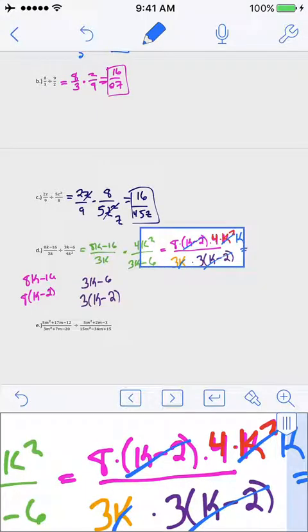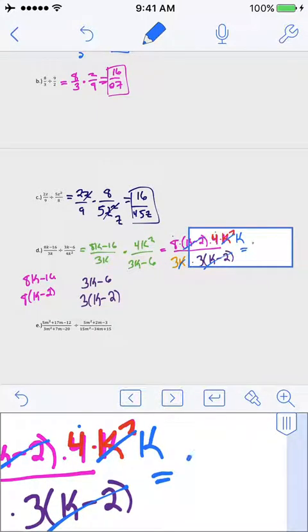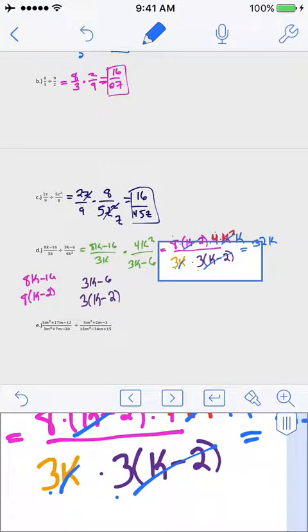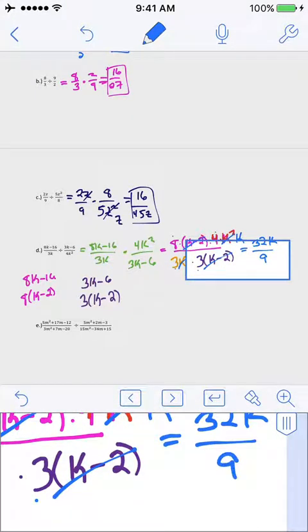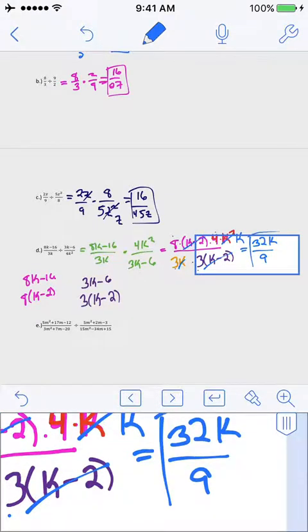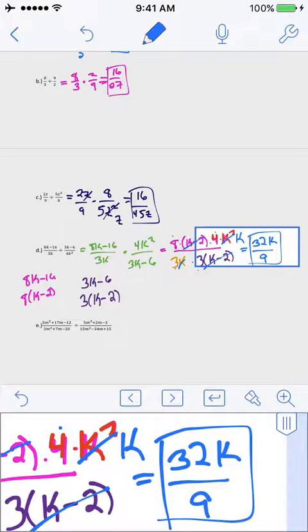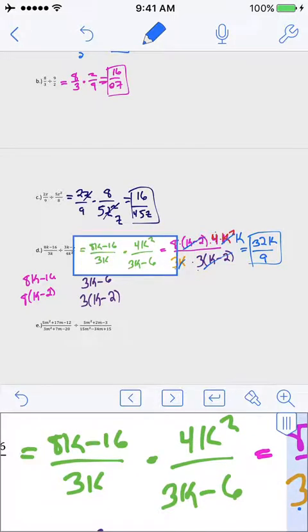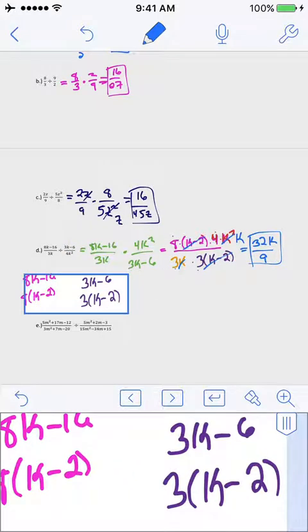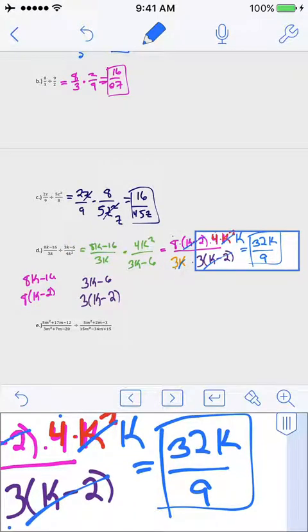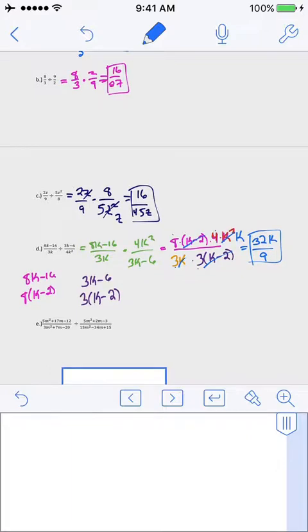So I end up with 8 times 4, which is 32, and an extra k, over 3 times 3, which is 9. That is the division of those two rational expressions. Okay, so once again, change it to multiplication, reduce, cancel, you're done. It's like 4 steps. You're good.